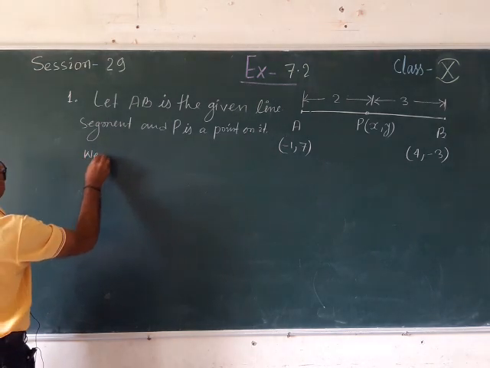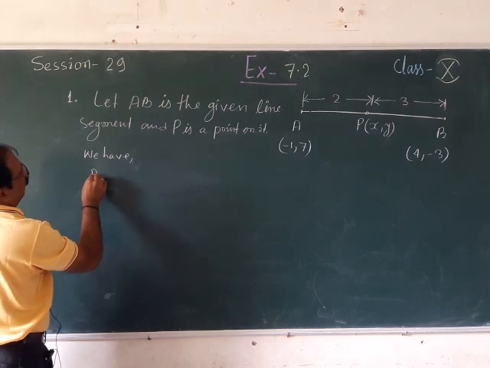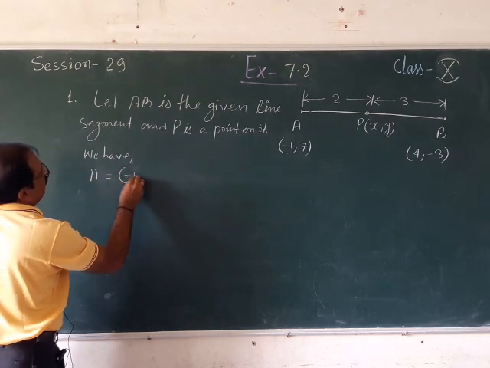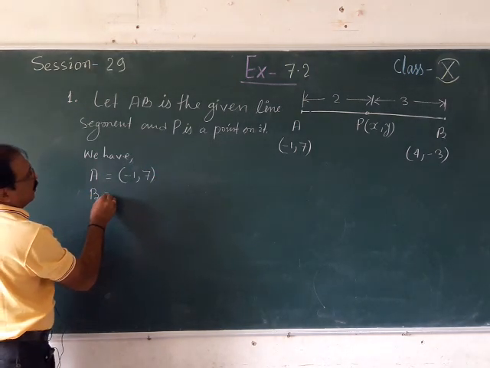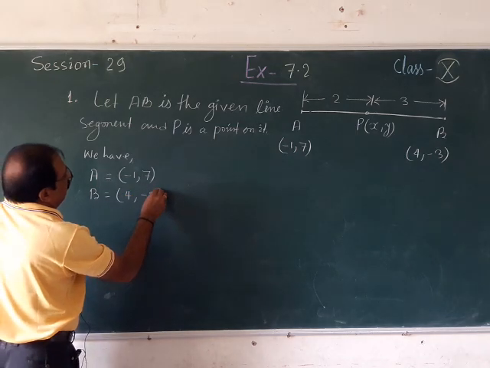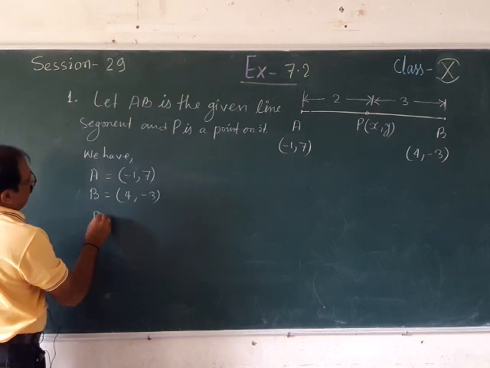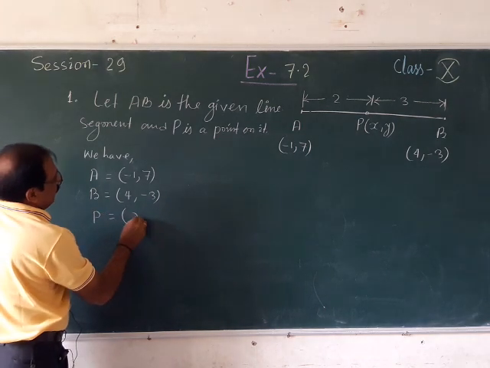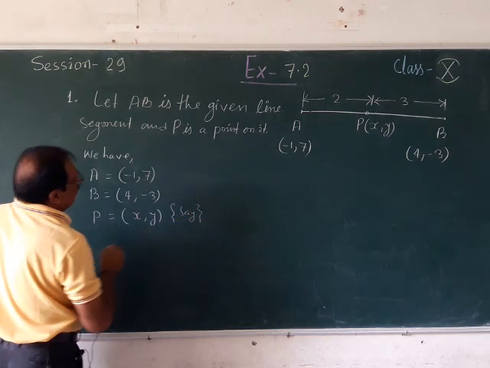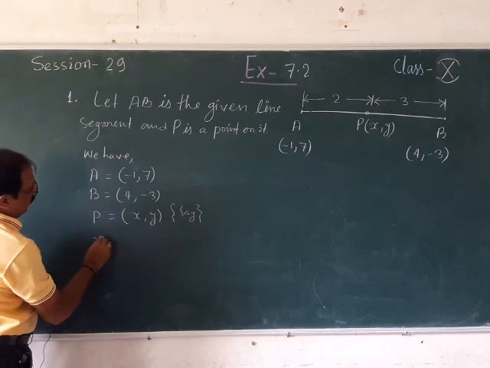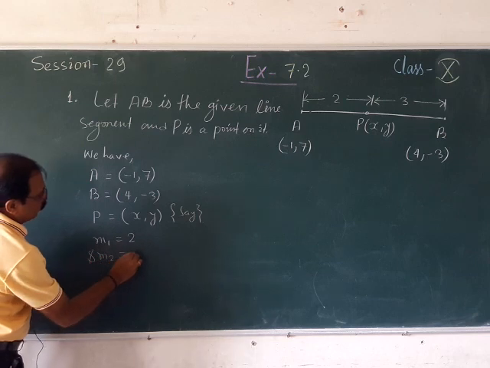What are the things we have here? The coordinate of A is (-1, 7), the coordinate of B is (4, -3), and the coordinate of P that we have taken is (x, y), and we have m1 equal to 2 and m2 equal to 3.